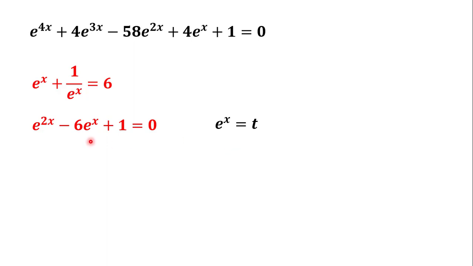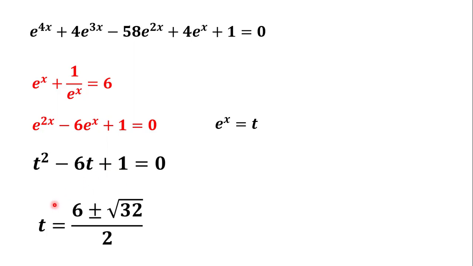By replacing e to the power x by t, we get a quadratic equation: t squared minus 6 times t plus 1 equals 0, and the roots of this equation are t equals 6 plus or minus the square root of 32, over 2.